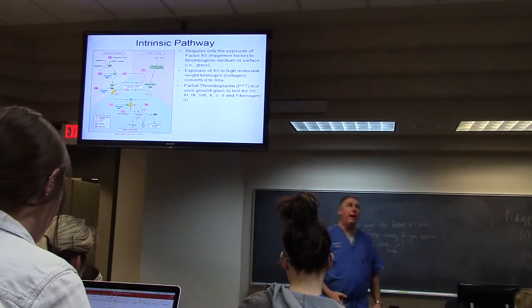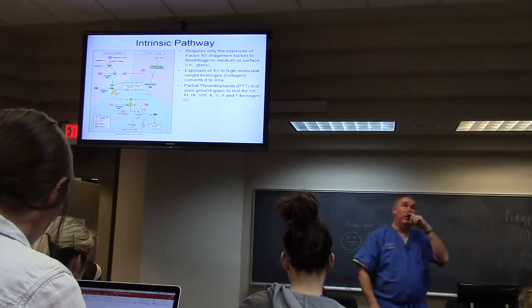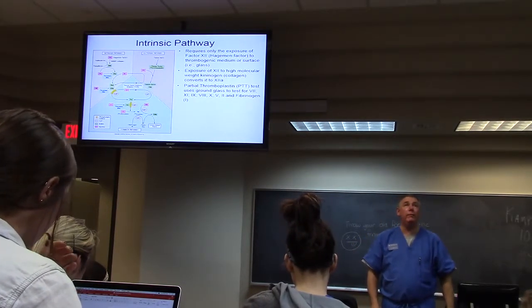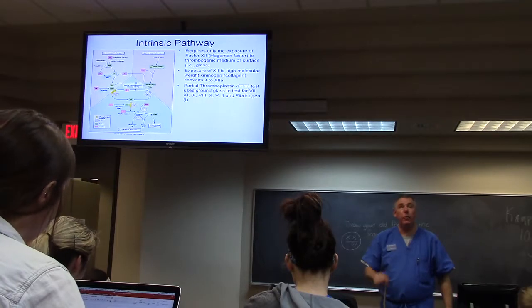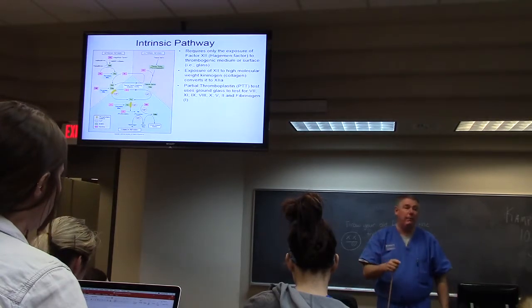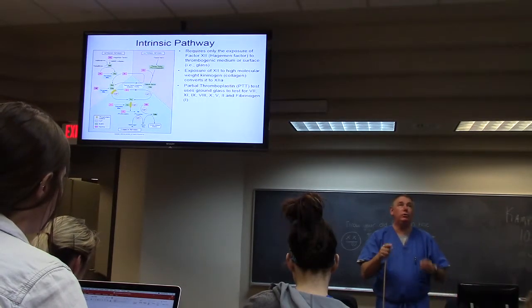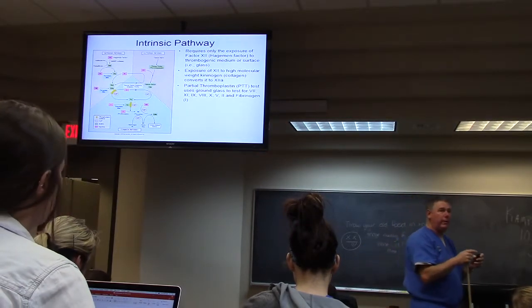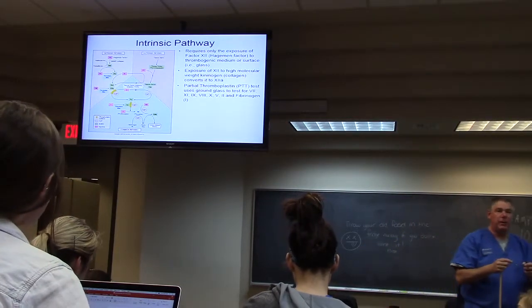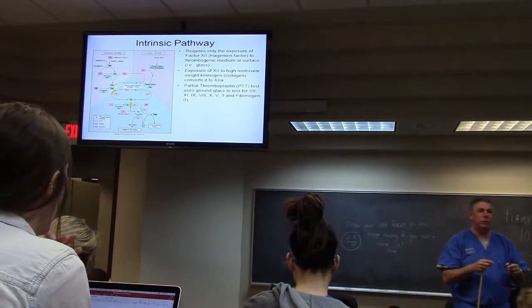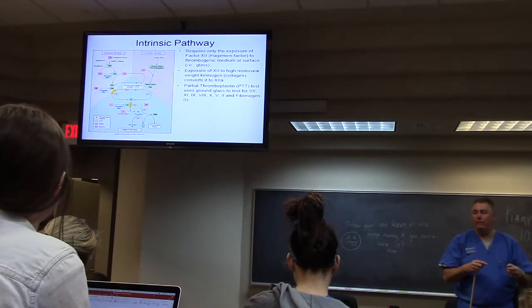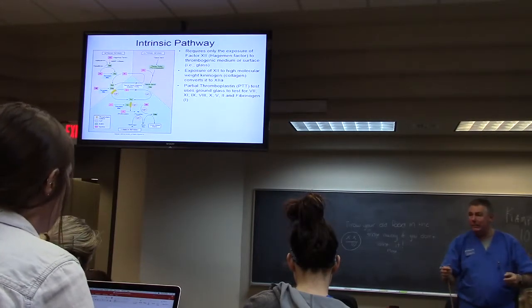The intrinsic pathway is a little different. It requires the exposure of factor 12, which is called the Hageman factor, to something that's going to trigger the conversion. It's got to be something like a negatively charged substrate. You can do it artificially using glass.